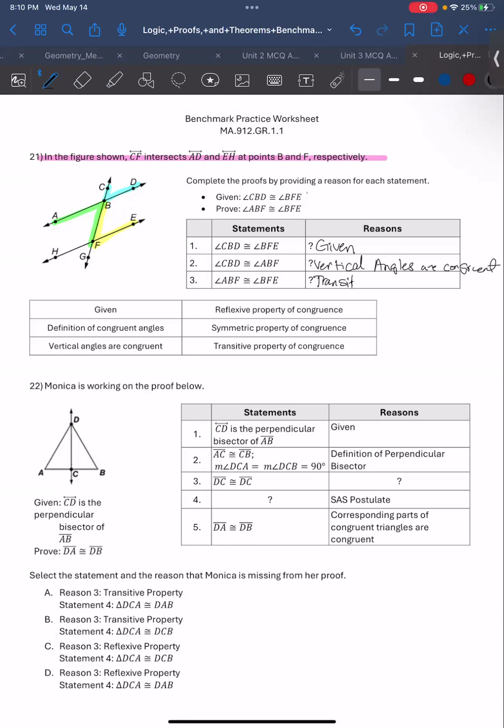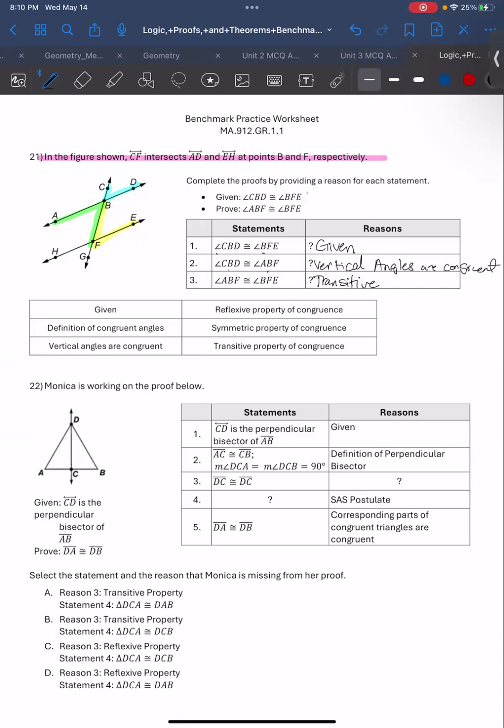Because again, I'm going CBD BFE, CBD ABF, therefore ABF and BFE. Same thing. If A equals B, B equals C, then A equals C. We're good with those? Yes. Ready for the next one?